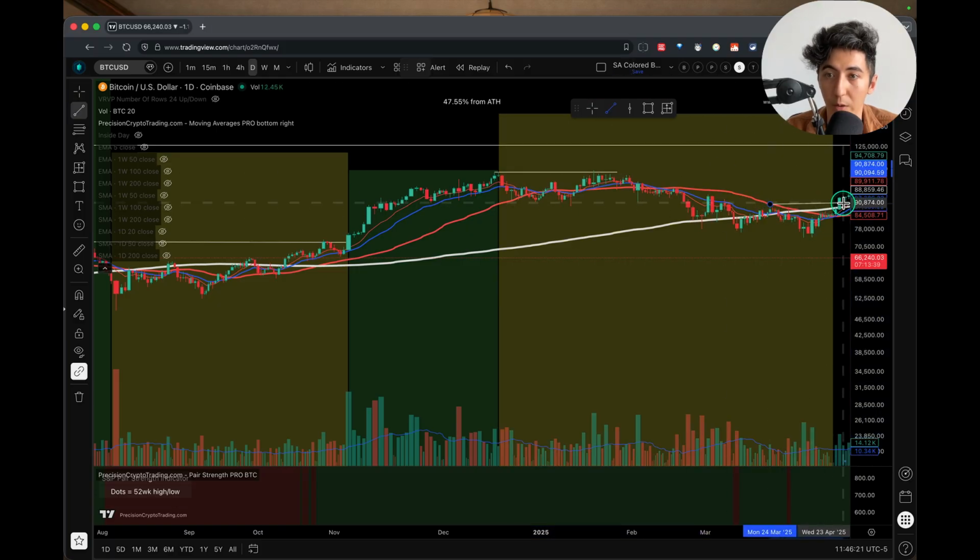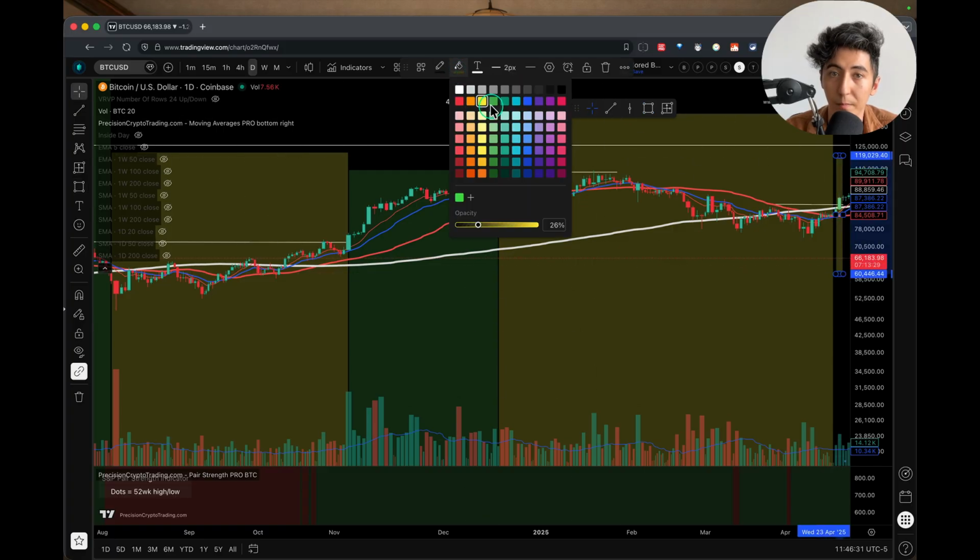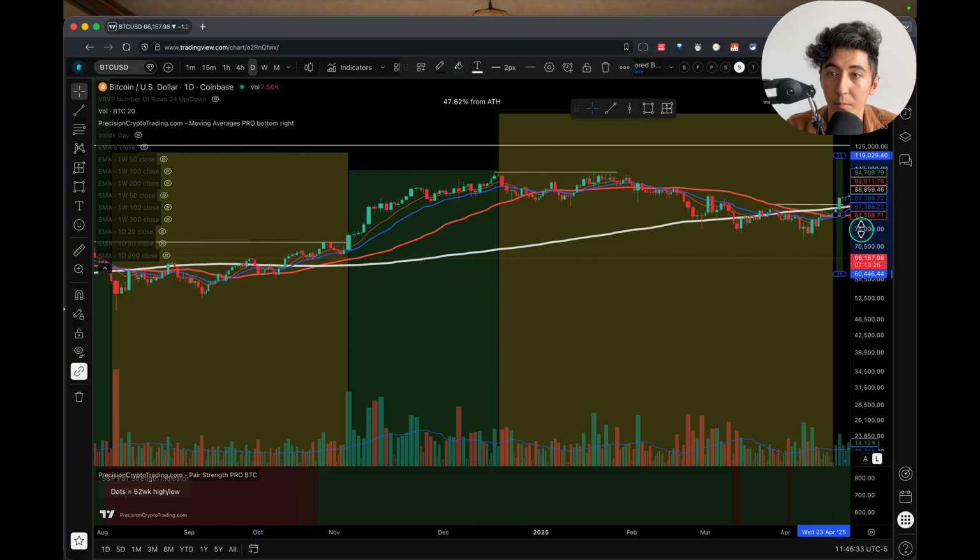All the moving averages converged right there. We saw some high volume coming in. So I'm flagging this as an area of potential trend change.